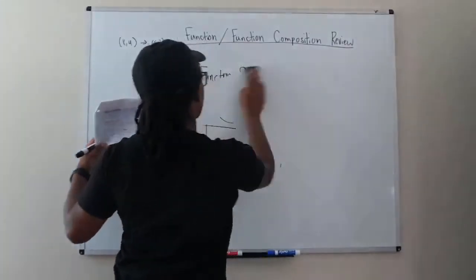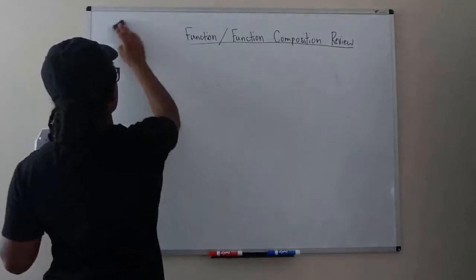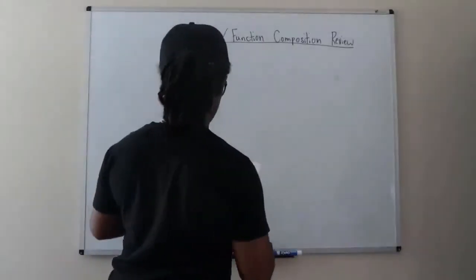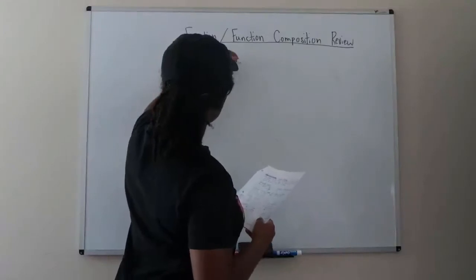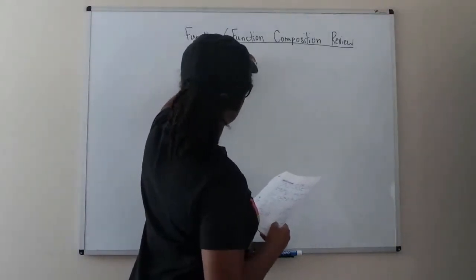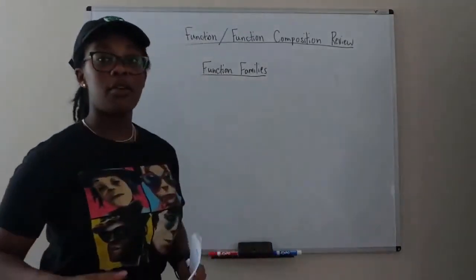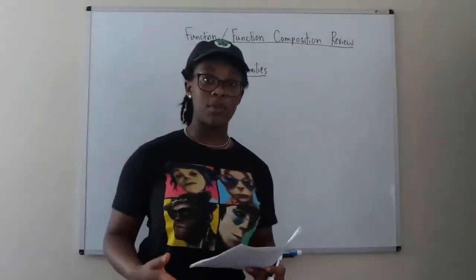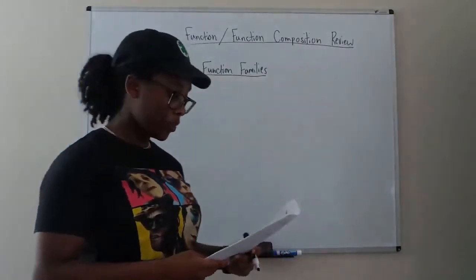Okie dokie, so now we're going to cover the function side of things: function families. There are all sorts of functions, and they're called families because they're different groups and classes of functions.